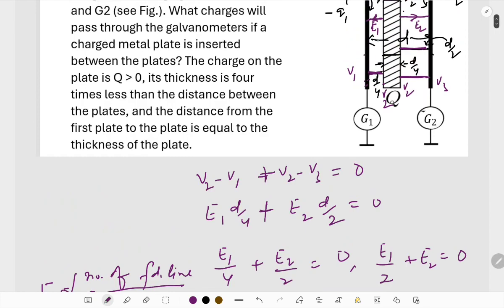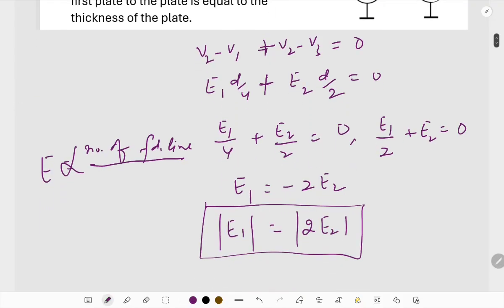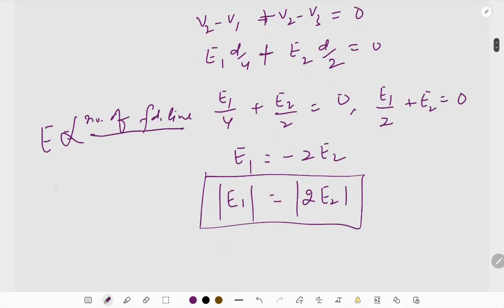That means this electric field begins from charge Q1, and this electric field begins from charge Q2. That means E1 is proportional to Q1, because E1 begins from plus Q1 charges. So the magnitude of E1 is proportional to Q1.